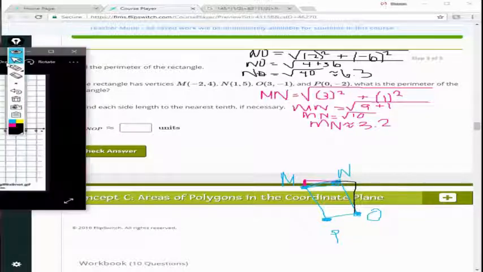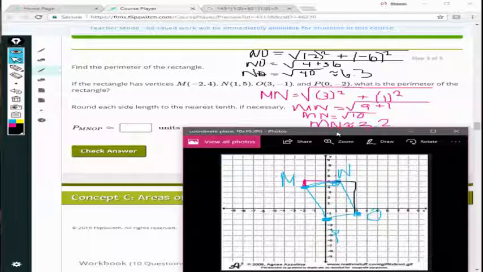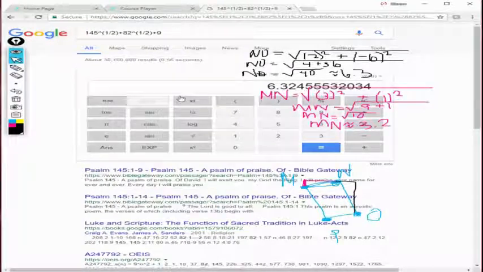Okay, now if we look at this rectangle, remember that MN's side length is the exact same thing as PO, and NO's side length is the exact same thing as MP. So I'm going to take 6.3 and add it up twice, and 3.2 and add it up twice.